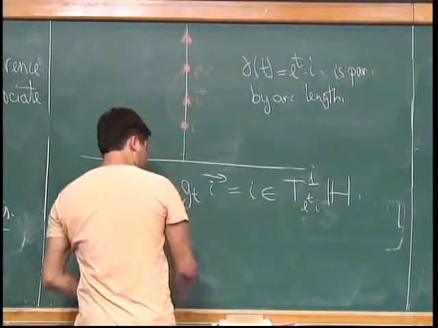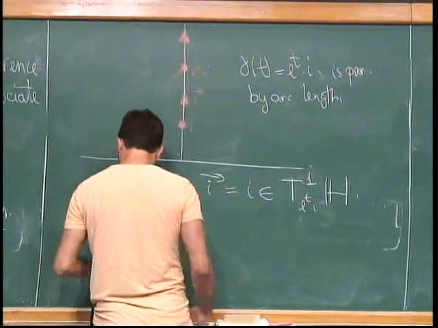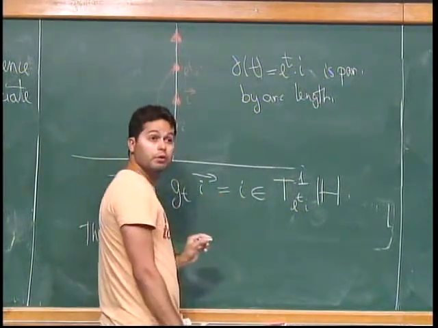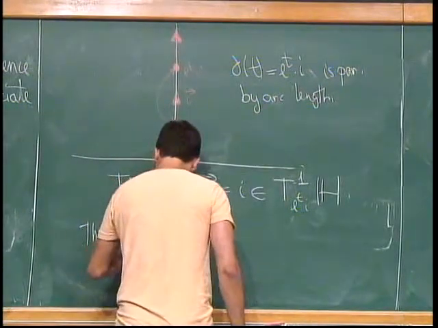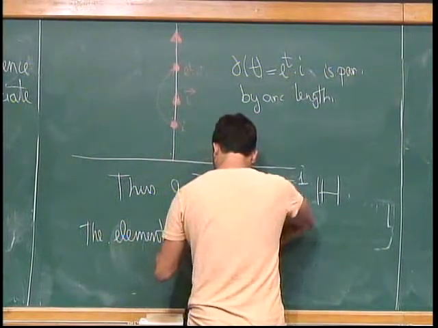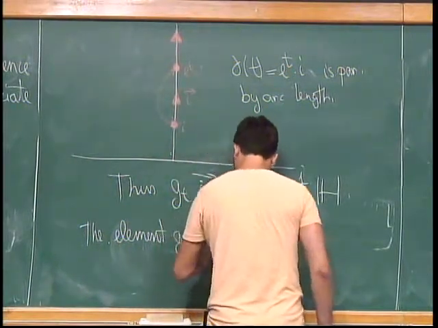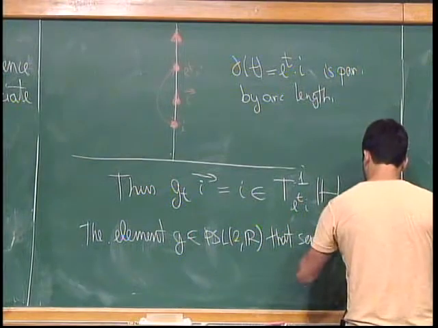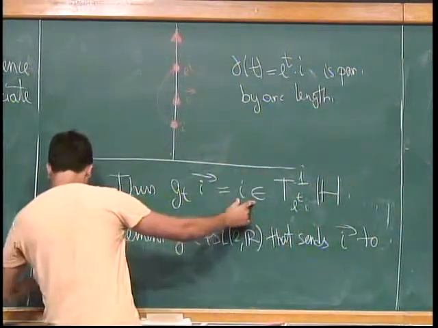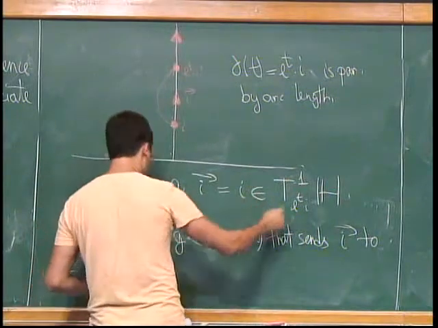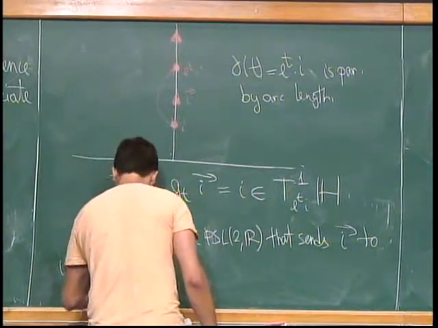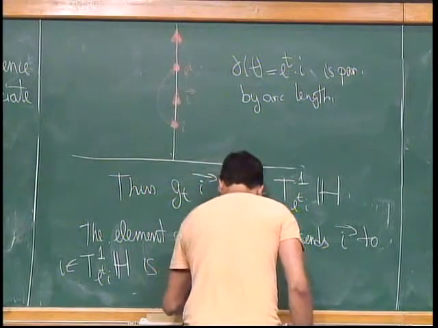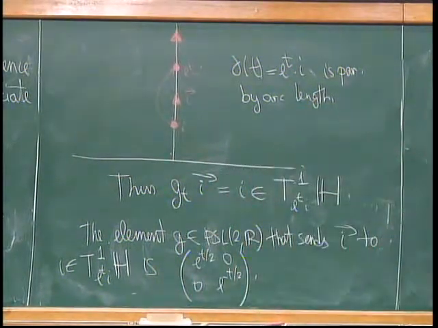So I claim that the Möbius transformation that does this, and actually the matrix, or the element G in PSL2R, that sends the vector I to this vector here, I belonging to the unit tangent space of e^t I of H, is a diagonal matrix of this form. Okay?